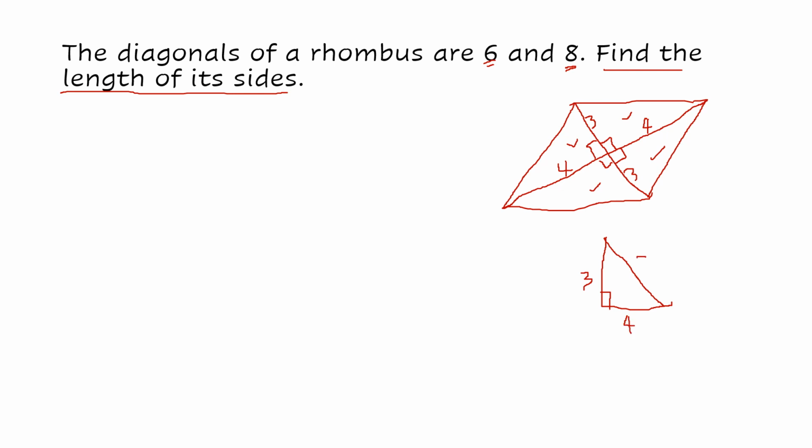And this is the side of the rhombus. We do not know how long it is, and we are going to solve for it. But since you have formed a right triangle, and to solve for the sides of a right triangle, we use Pythagorean theorem.